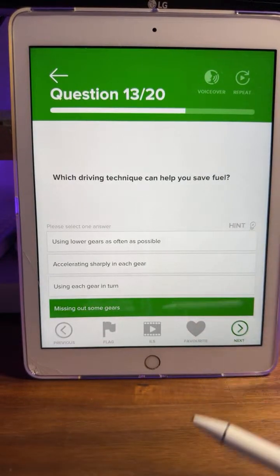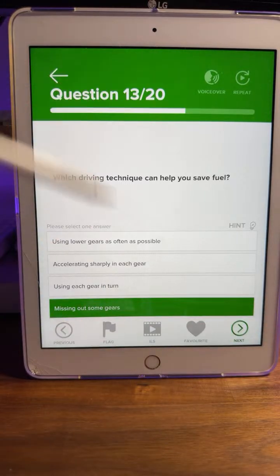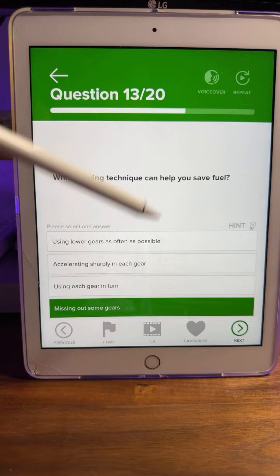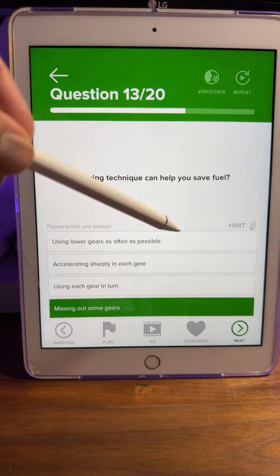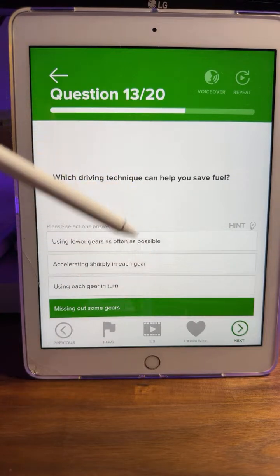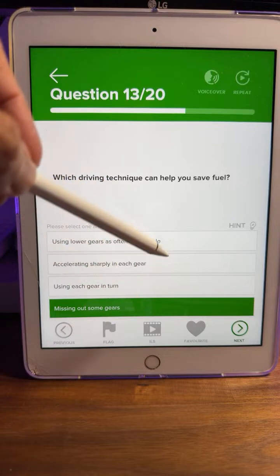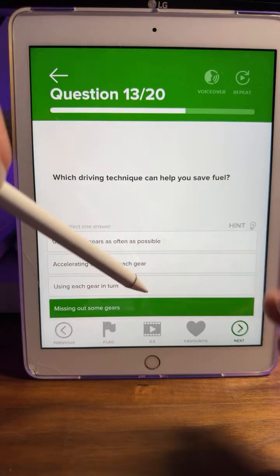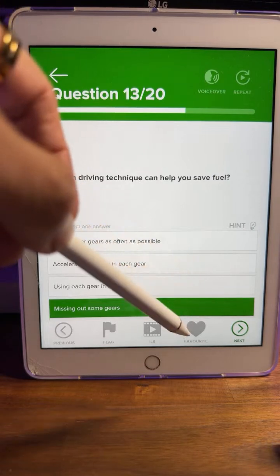Now, SC just says, doesn't that break your gearbox? No. So say, for example, you've gone first into second, second into third. That's good. Now you can go from third into fifth gear, missing out fourth gear. Or you can go from first to second, second to third, third to fourth, accelerate and miss out fifth and jump into sixth gear.